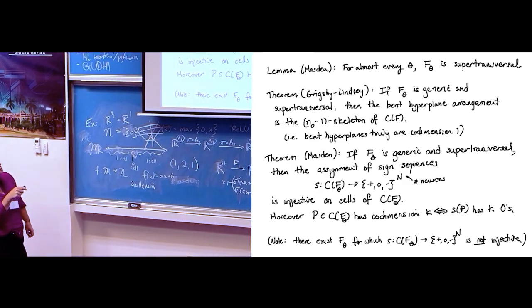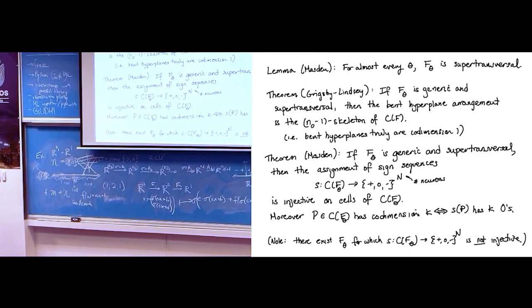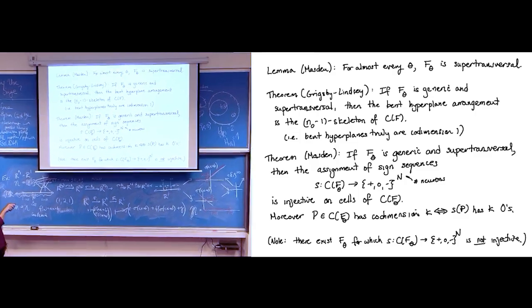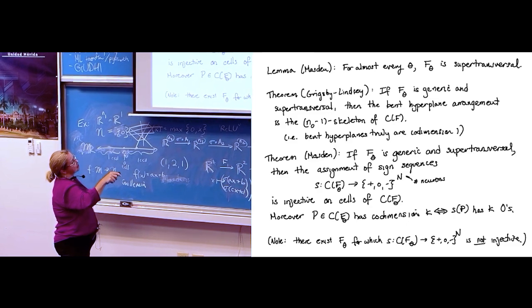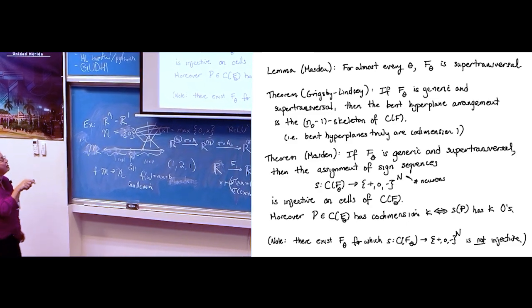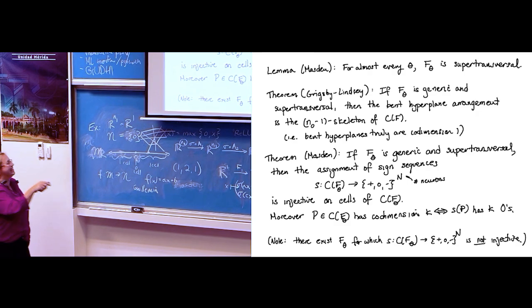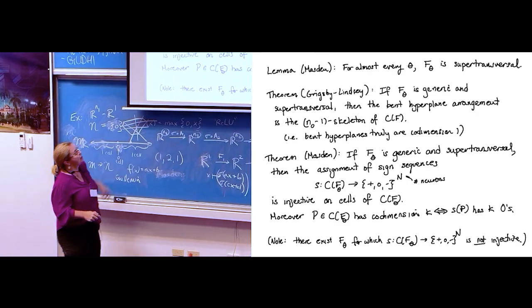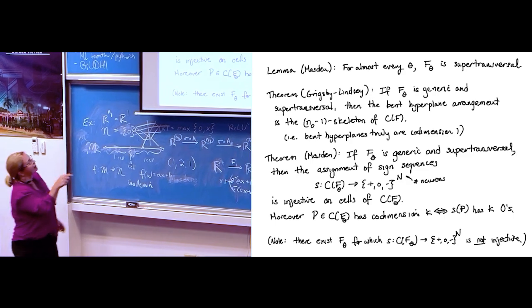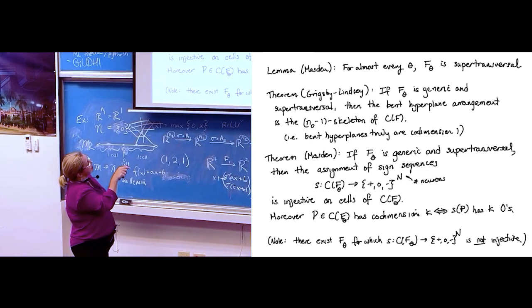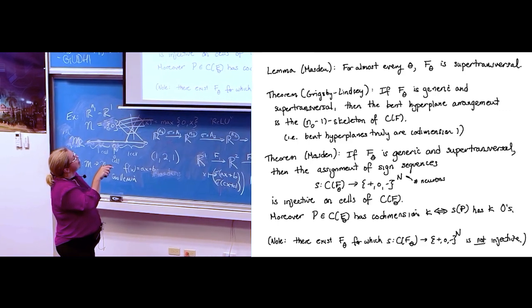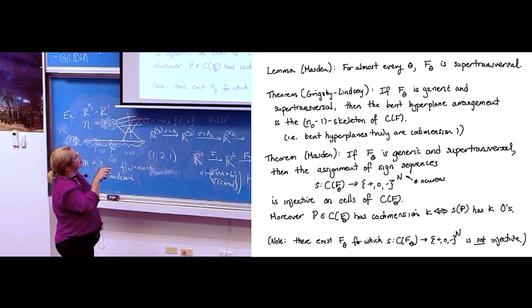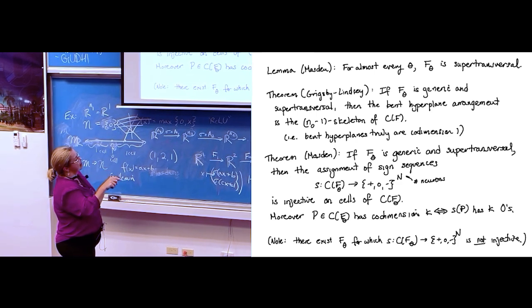Okay, so I wanted to tell you another theorem. This one's also due to Marsden. It says that if you have a neural network that satisfies these two things, generic and transversal, then nothing bad happens. We actually have a polyhedral complex in our domain that looks like what we think it should look like. When you start assigning these sign sequences, remember, the sign sequences of pluses and minuses and zeros, this assignment is injective on cells.